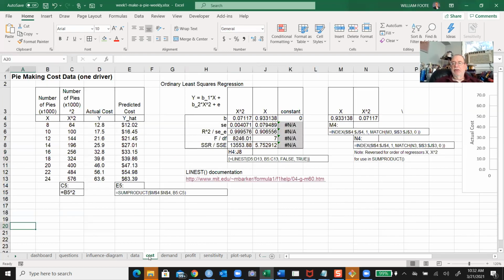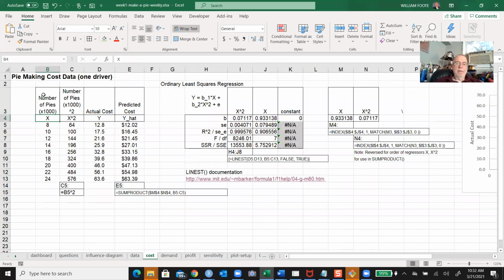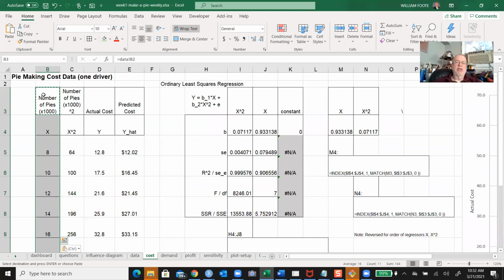A cost model is developed from this, in which, as you can see, these come or should come directly from the data. And this way, there is one source of the truth, just one source.